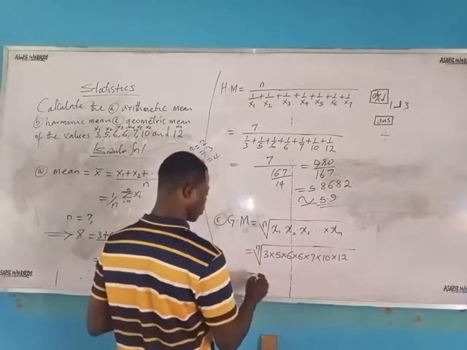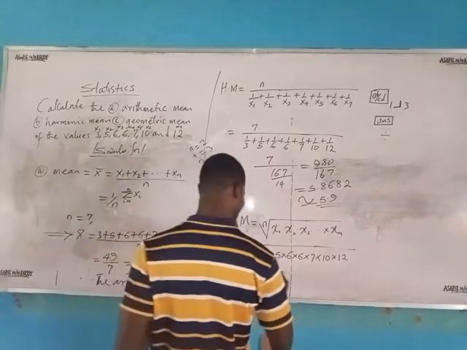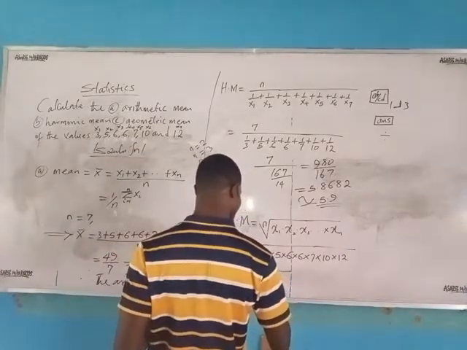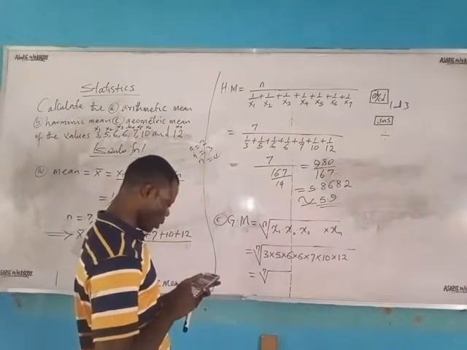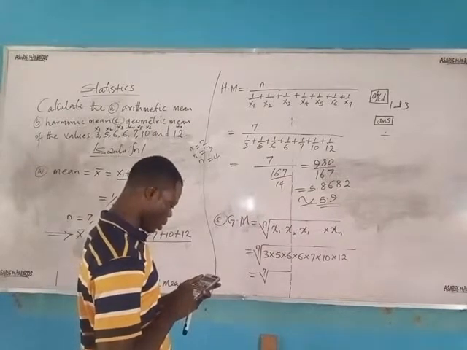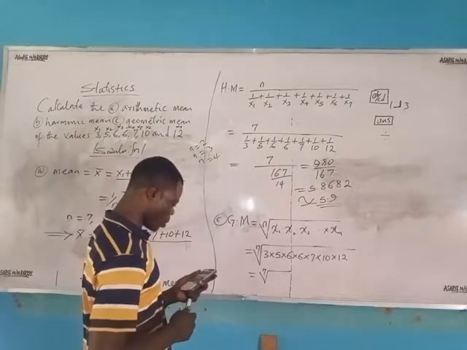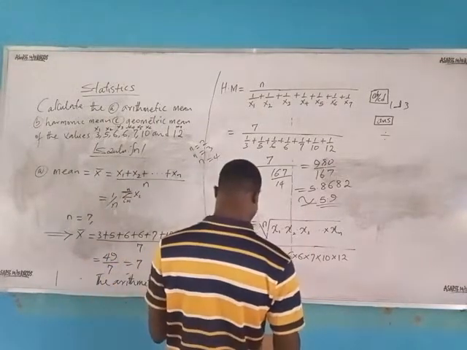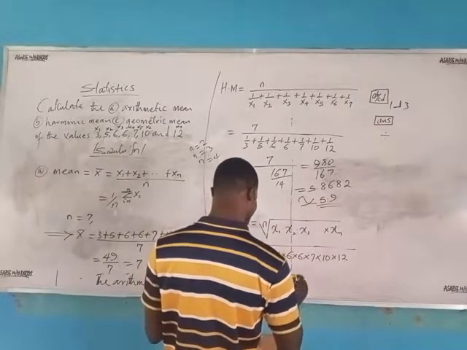When you multiply everything together, you have 3 times 5 times 36 times 7 times 120. So the answer will be 453,600.